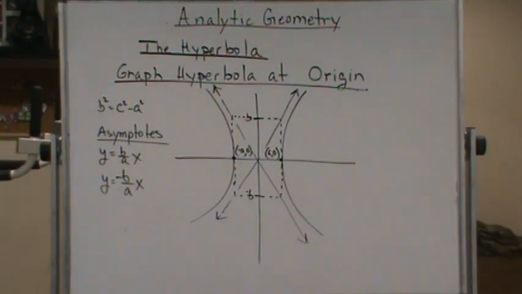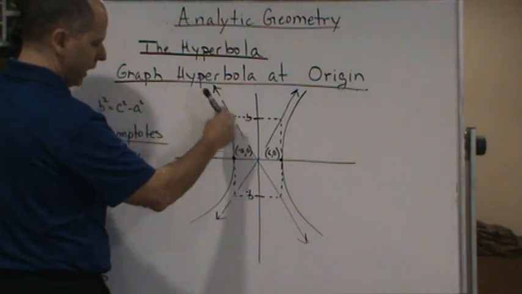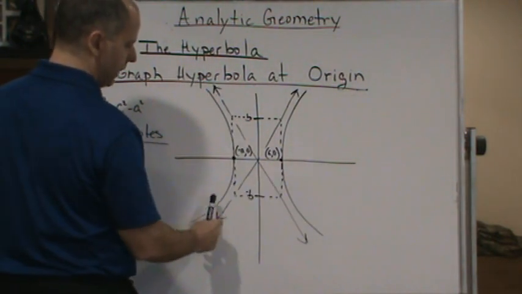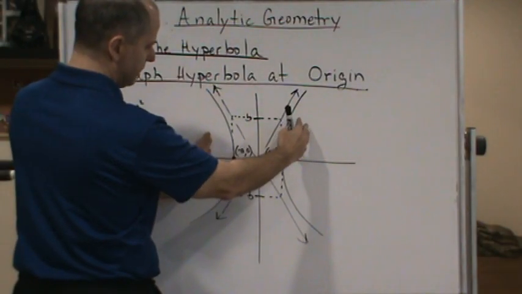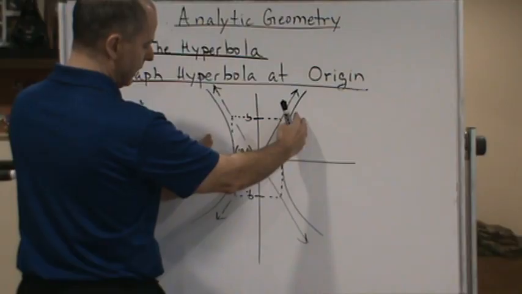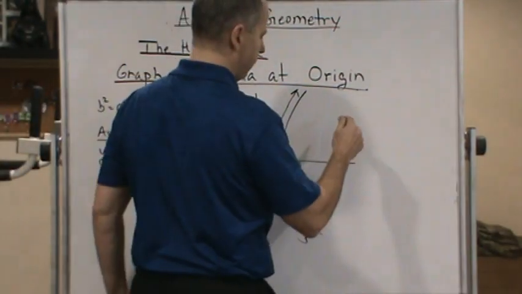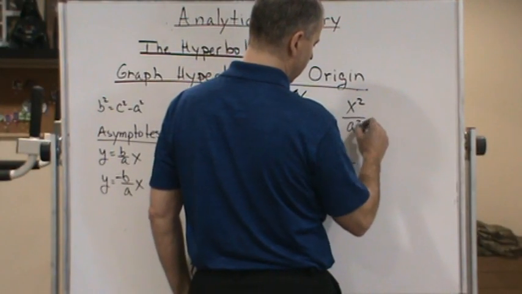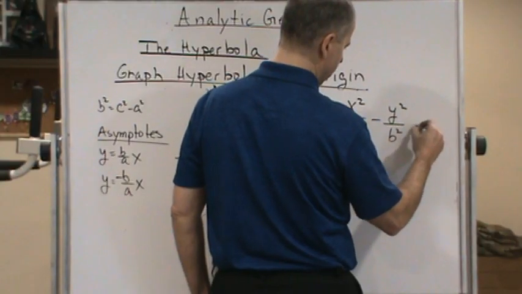Oh, by the way, this is where the hyperbola traverses the x-axis. You could also have it traverse the y-axis, so you could have this shifted or rotated 90 degrees and have it go this way. So again, there's the difference: x squared over a squared minus y squared over b squared is equal to 1.